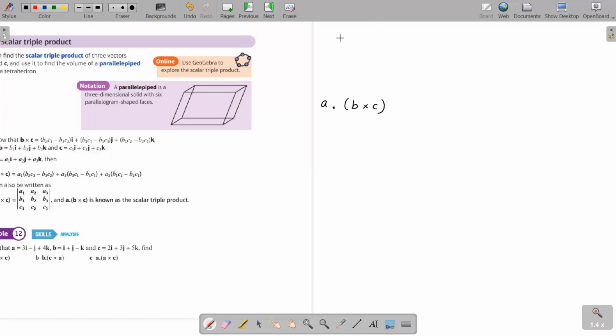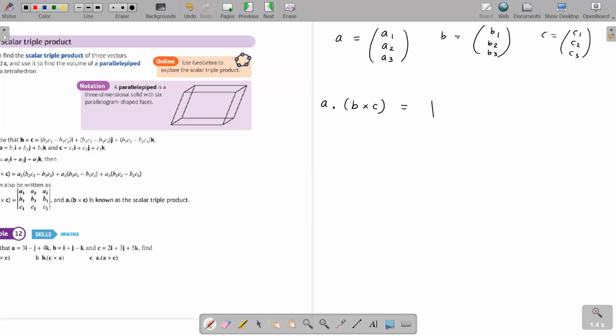To find the scalar triple product, the way we do it is quite easy. First, let's define our vector A. Say vector A is made up of the components A1, A2, A3, B is made up of B1, B2, B3, and C is made up of C1, C2, C3. Then to find A dot B cross C, we again use the determinant of a 3 by 3 matrix, like in the previous section.